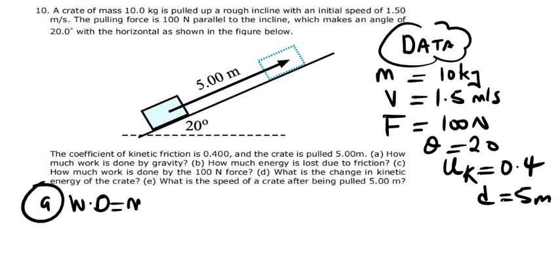In this case it is mgh. Now what is the mass? We've been given that it is 10 multiplied by the acceleration due to gravity. Now if I take, in this case, let me try to take acceleration due to gravity as 9.8, multiplied by the height.